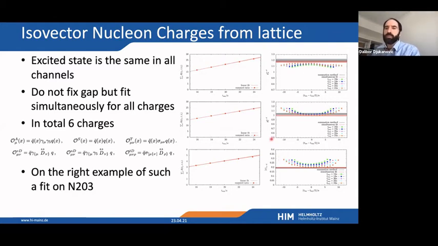Now, as I told you, the multi-state fit is one way out, but what was shown in the article on the slide before is that you can also do a simultaneous fit of all these 6 operators, and by extending this data set to more data, you can actually try to fit just this gap from the ground state to the first excited state from data alone, without any prior or any fixing of the gap.